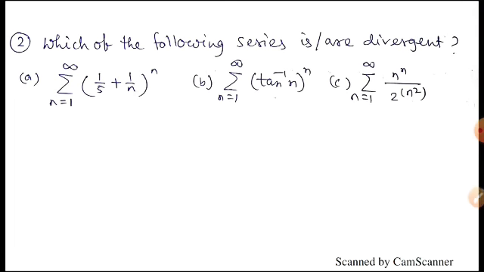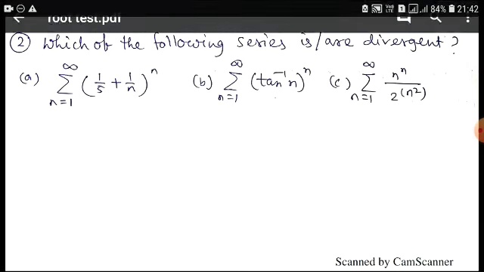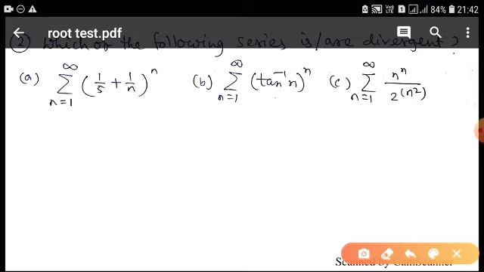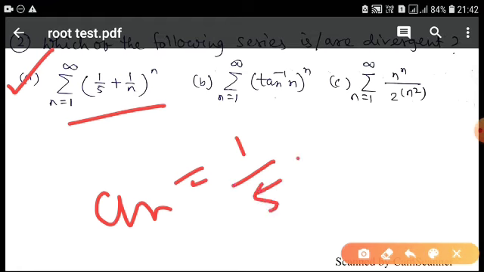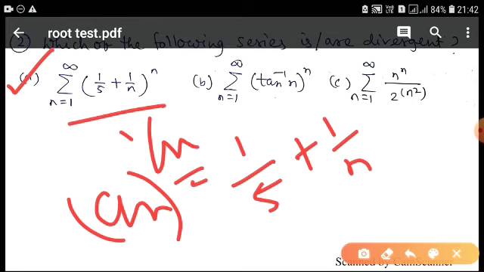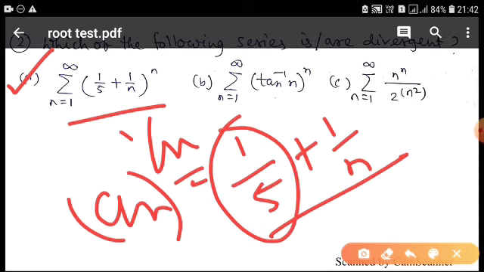By these you can immediately claim for certain series whether that series is convergent or divergent using the root test. For that, there is another problem; you can solve the first problem using an equals 1 by 5 whole to the power n, and an to the power 1 by n, in fact, and as n tends to infinity you will get 1 by 5.